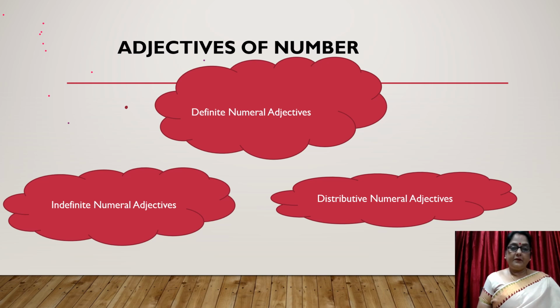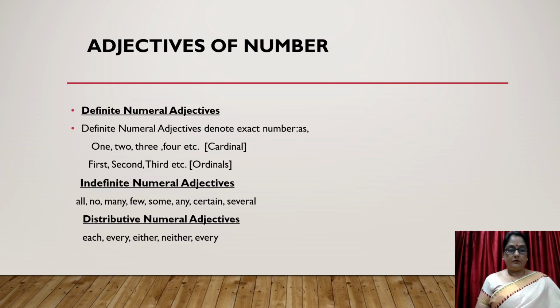Adjectives of number can be further classified into 3. Definite numeral adjectives, indefinite numeral adjectives, and distributive numeral adjectives. Let's study them in detail. Definite numeral adjectives. Definite, you know, what is definite?